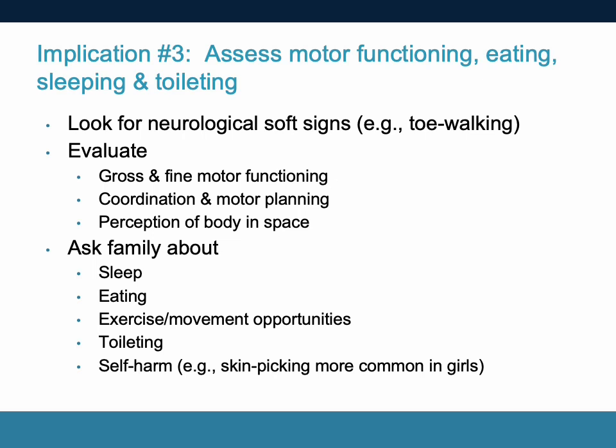We all know that when we are deprived of sleep, or we aren't well nourished, or we don't have a chance for exercise, our mood, our behavior, our cognition are all likely to be affected. So just as I would make this recommendation for boys, I think it's really critical that we pay attention to these things in the girls.